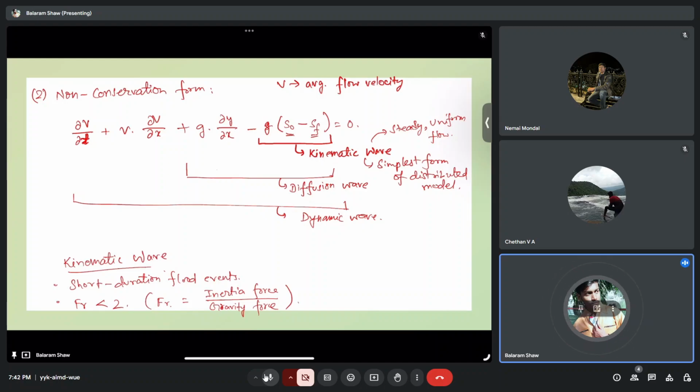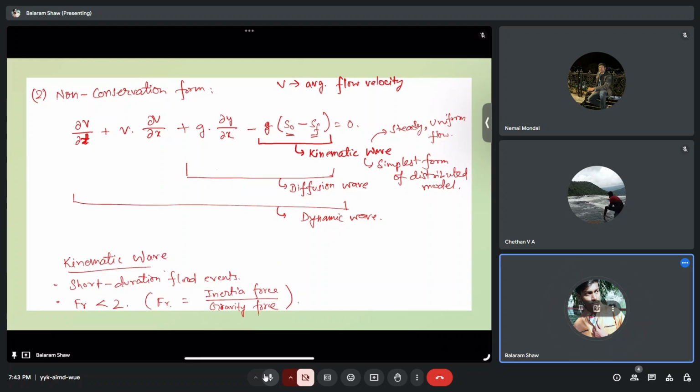This dynamic wave is necessary for scenarios with longer flow durations, where the time scale for flow acceleration and deceleration becomes much more significant. In channels with steep slopes or complex geometry, where flow acceleration and deceleration are significant, dynamic wave models provide a more accurate representation of the flow dynamics, right?